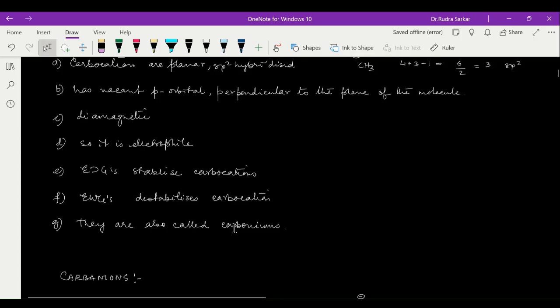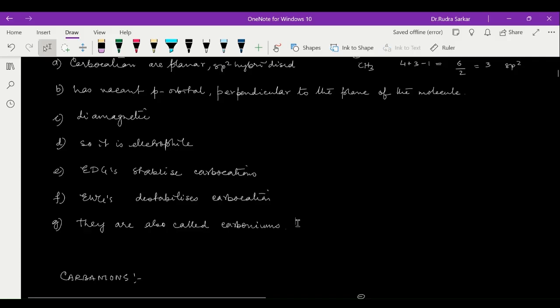They are also called carbonium ions. These things you are not studying in class 12. What are carbonium ions? Just like ammonium ions, when NH3 goes to NH4 plus. Whenever we have something with a positive charge on the central atom, we call them onium ions.